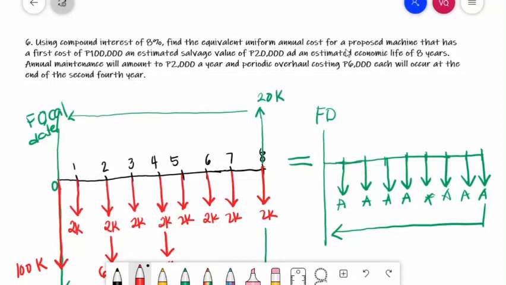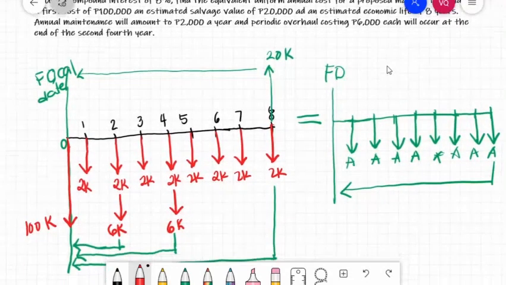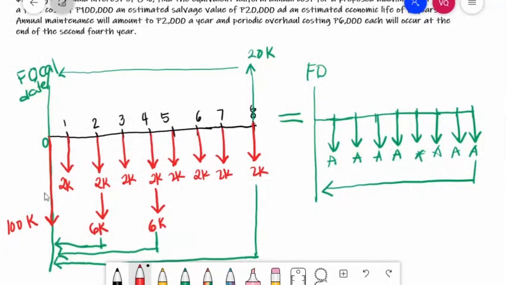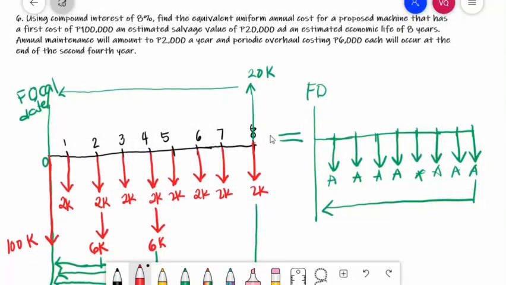So there is a proposed machine. It costs 100,000 and it has an estimated annual maintenance of 2,000 for 8 years and a periodic overhaul of 6,000 at the end of the second year and fourth year. So after 8 years, its salvage value will be equal to 20,000 pesos.